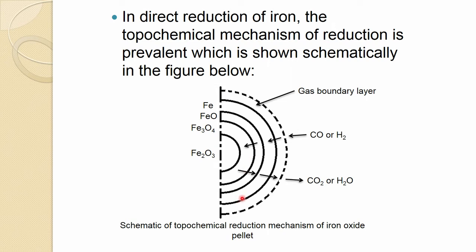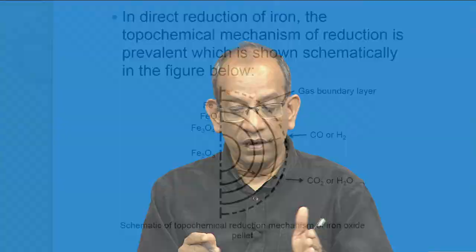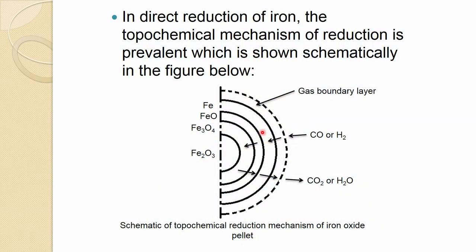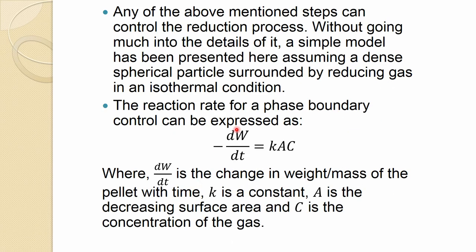It might have become porous, but the size has not changed. But in the shrinking core model, usually it is shrinking. So this boundary, the interface, also shrinks, and that is why we call it the shrinking core model. So, C is the concentration of the gas.